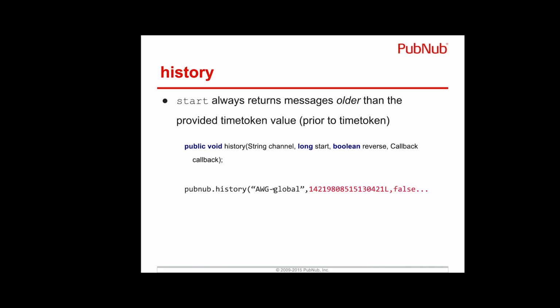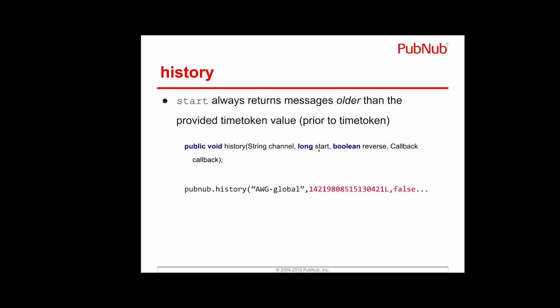Start always returns messages older than the time token value. So in this particular case, we're going to use a history call with a long value of start, and it's going to return messages older than start.